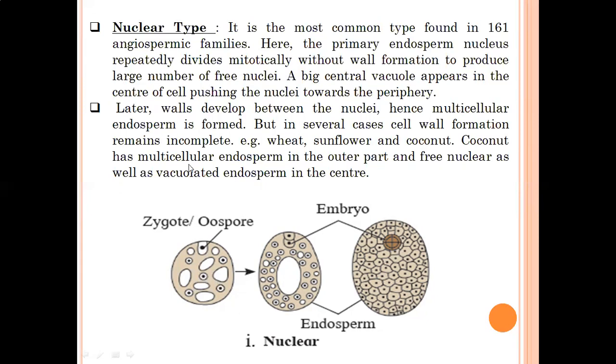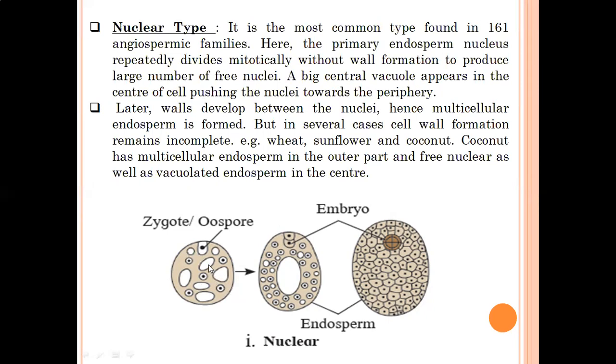This produces a large number of free nuclei. See, 1, 2, 3, 4, 5, 6. Then here a bunch of nuclei are there. So this nuclear division takes place freely without any cytokinesis, and a large number of free nuclei are formed. Now, a big central vacuole appears in the center of the cell, pushing the nuclei towards the periphery.